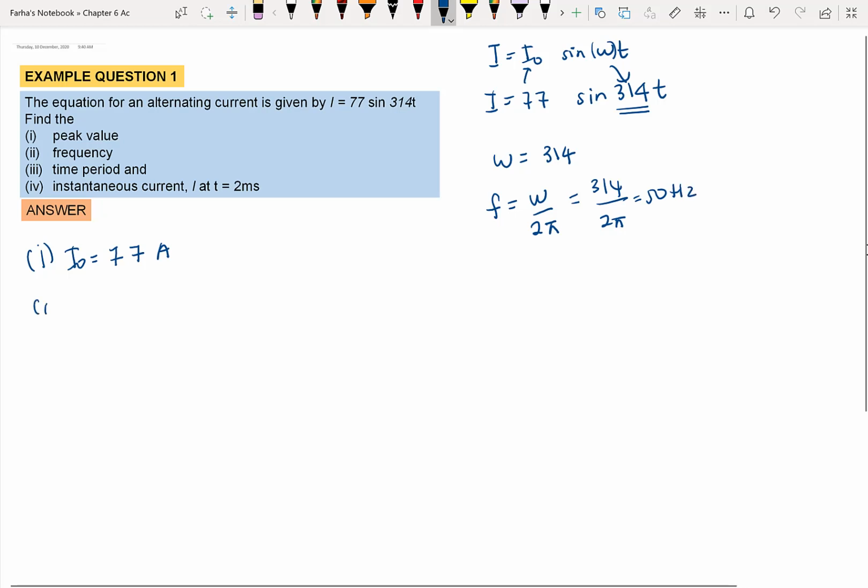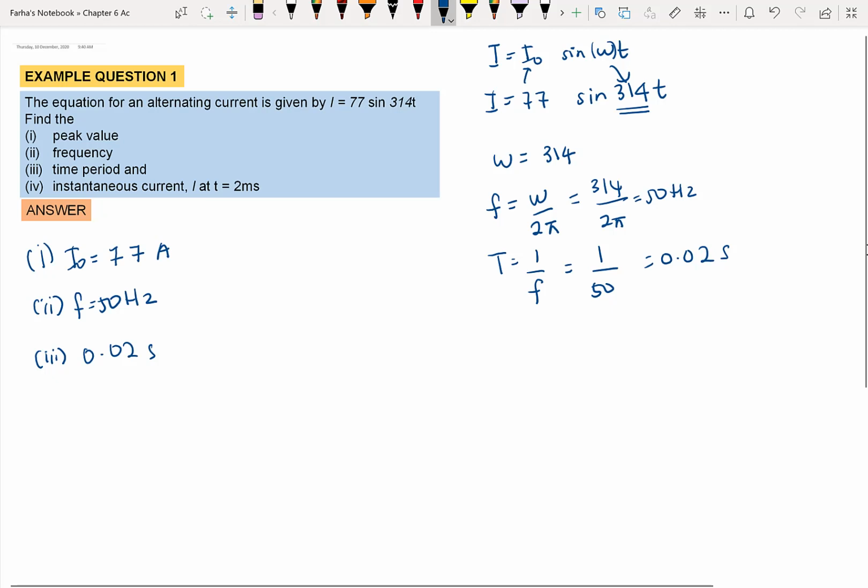So the frequency is 50 Hertz. Then, the time period. The period equals 1 over frequency, which is 1 over 50, equals 0.02 second.